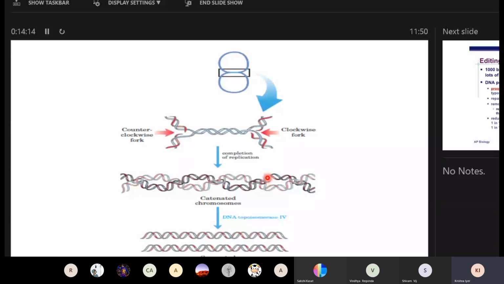Now, when topoisomerase cuts the DNA and allows one strand to pass over the other, what it is actually doing is making new DNA, which is relative to the old DNA, more positively supercoiled or more negatively supercoiled. So what it is generating is actually topological isomers of the original DNA.